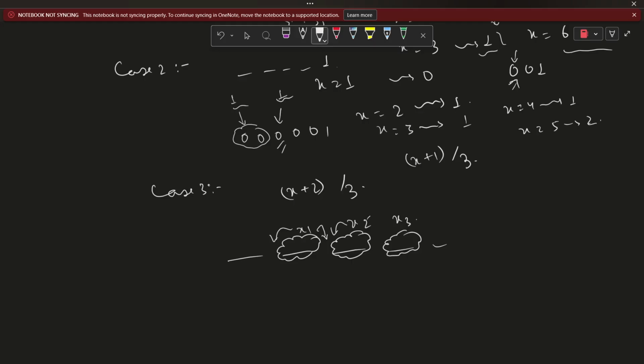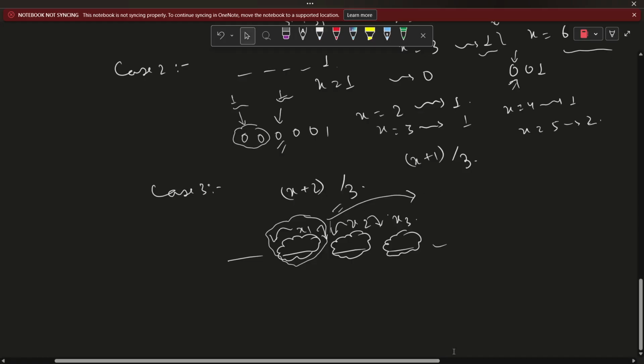Similarly for each substring. By identifying if there exists a 1 on the left and right, we can comment on its type: is it case 1, case 2, or case 3? Whatever the case is, we just have to apply the formula. So let's look into the code once.